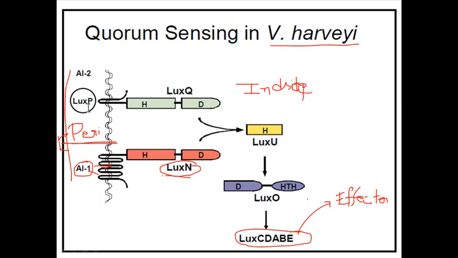So there is a change in LuxN, and then a change in LuxU protein. Normally the LuxU protein gets phosphorylated. After the phosphorylation event, it phosphorylates another protein, LuxO, and finally this LuxO protein binds with the DNA and transcribes it, translation is done, and the effector protein is made. So this is a process we have all gone through.